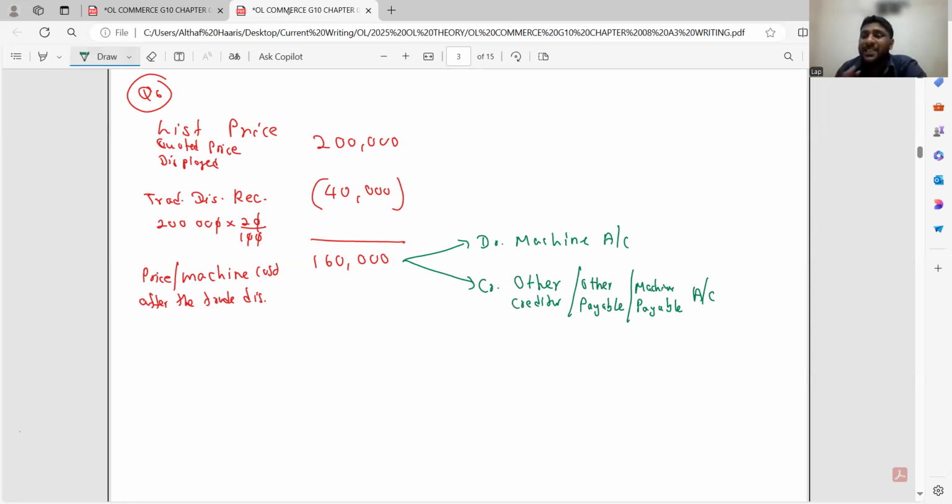Don't just use creditor, because generally the single word creditor is used for trade creditors, the main suppliers of our business. If we are doing a watch business, the watch suppliers are the trade creditors, not the machine supplier. So use the word other always.